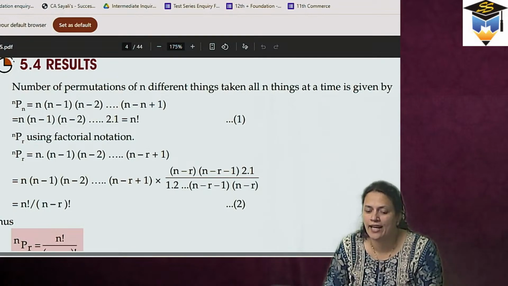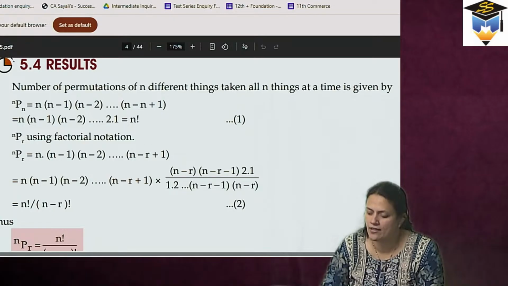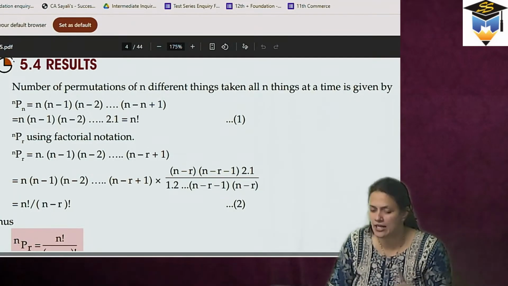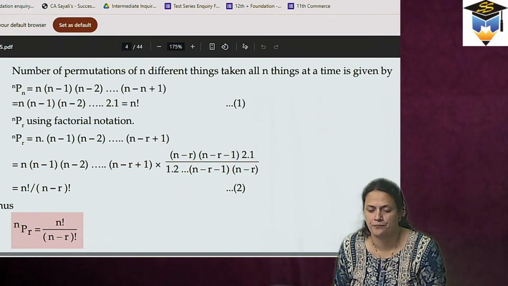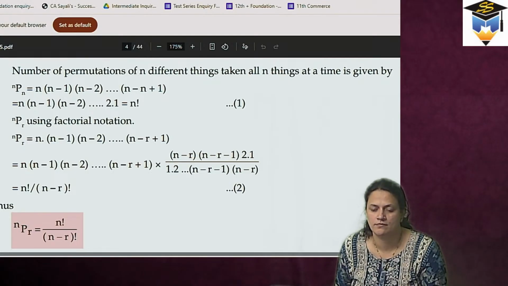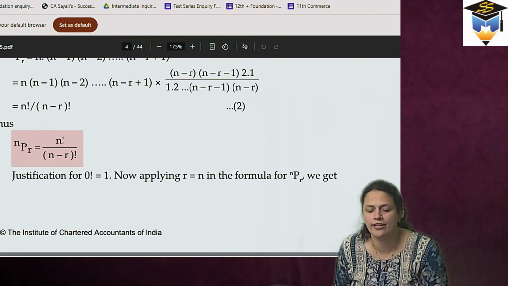Next will be nPr. nPr is given by the formula n factorial upon n minus r factorial. The original formula which we have already written.